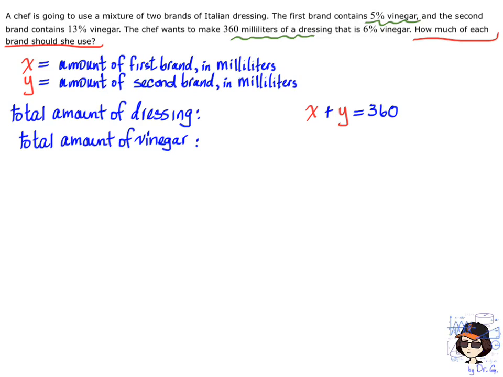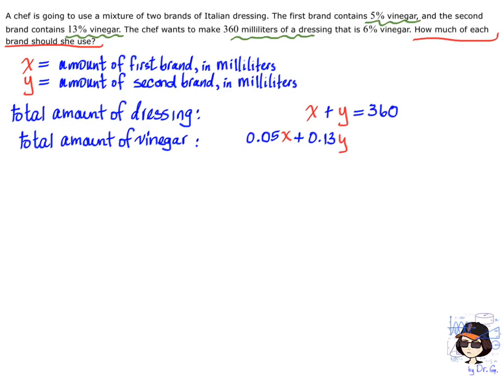And if there are X milliliters of the first brand, that means it's going to be 5% of X. That's going to be how much vinegar is in the first brand of dressing. 5% of X milliliters. And then in the second brand, there's supposed to be 13% vinegar. And there's Y milliliters. So 13% of Y is the amount of vinegar in the second brand.